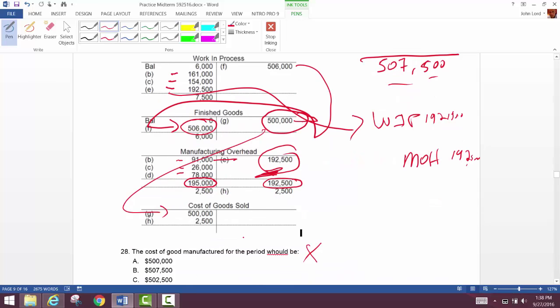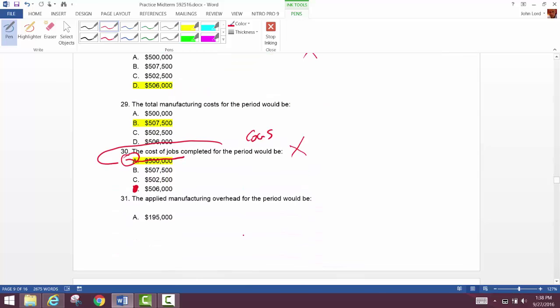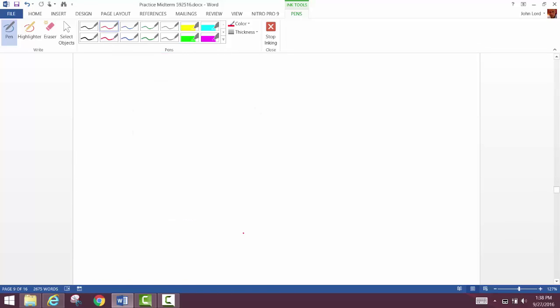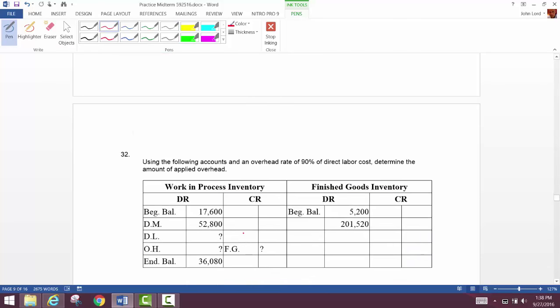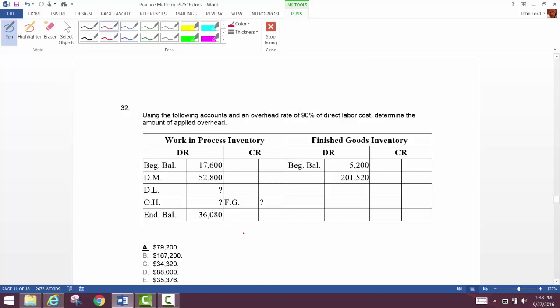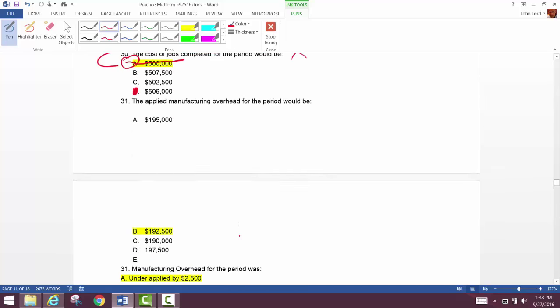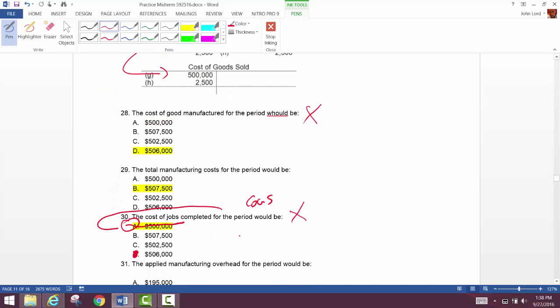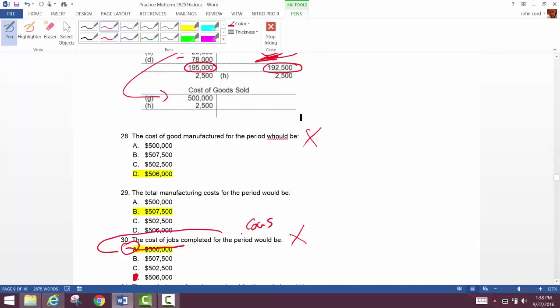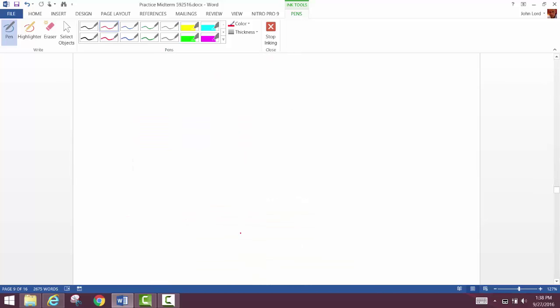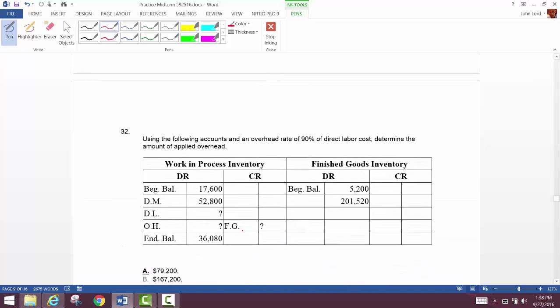Okay. So it's under applied by 2,500. Okay, good. I could have asked you what should happen to cost of goods sold, and the answer is that cost of goods sold should have increased, right, for that 2,500 that you see there. All right, good.